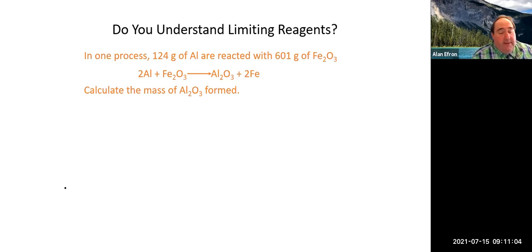The approach I'm going to talk about and show you first is what is sometimes referred to as using an ICE table. ICE in our case stands for initial, change, and we call it end here.